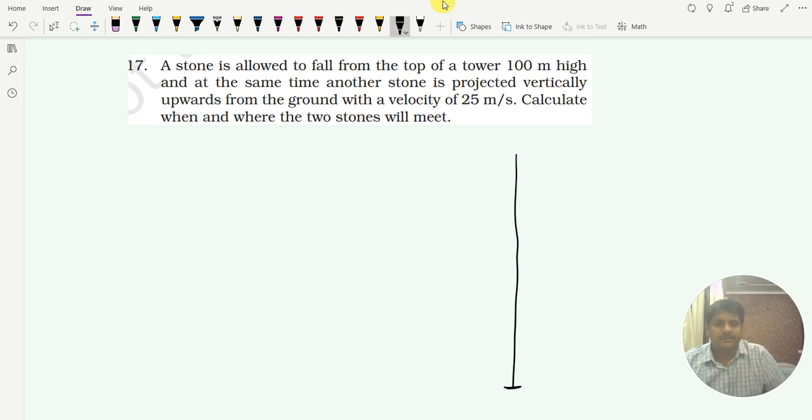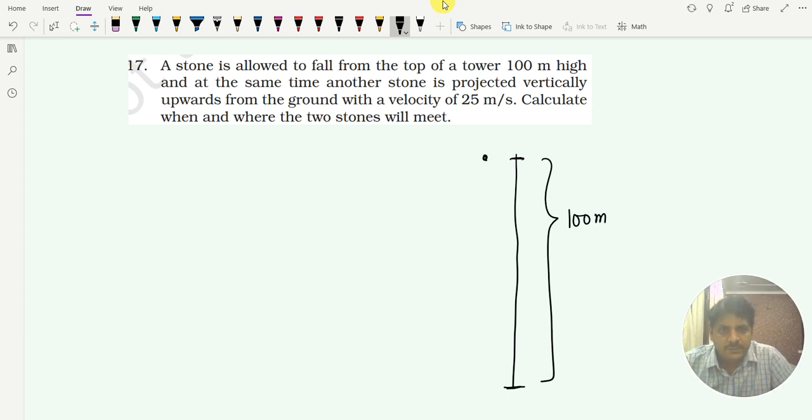This is the tower, which is 100-meter high. A stone is allowed to fall. So a stone is dropped from the top of the tower. At the same time, meaning exactly at the same time, we also project a stone from the bottom, meaning we are throwing it upwards.